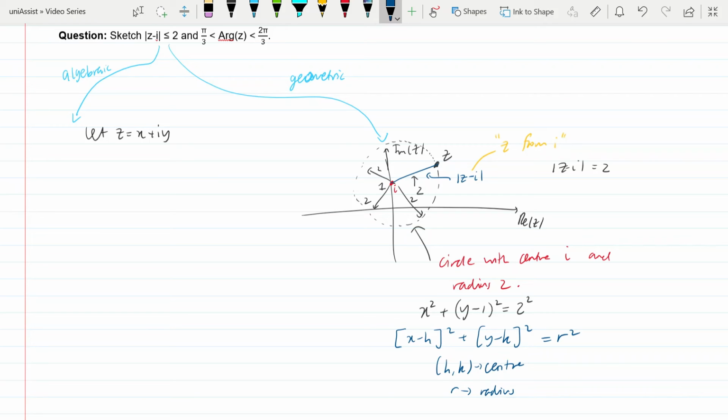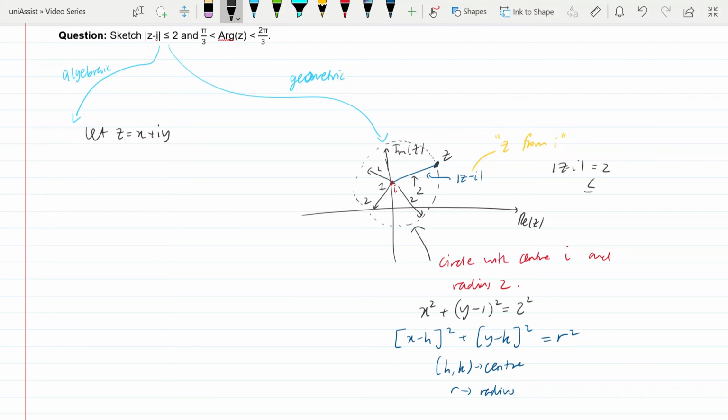So we effectively solved this without the need to use any form of algebra. But now, just to prove that this is a sound approach, I will sub in z equals x plus iy and solve it algebraically. But before that, we have to take into effect that the question says less than or equal to, not equal to.